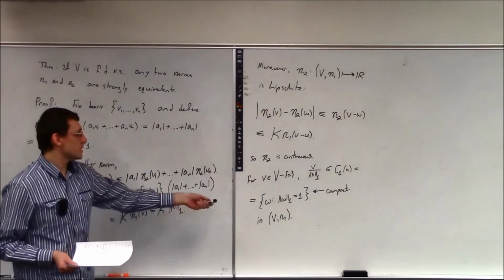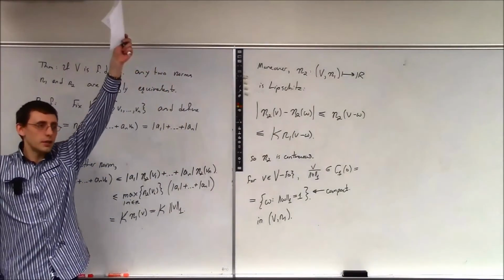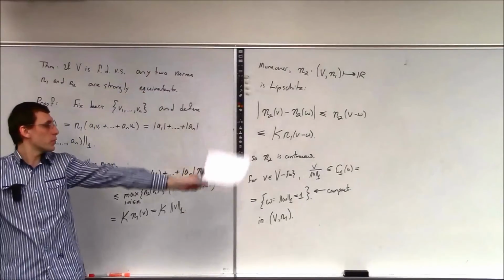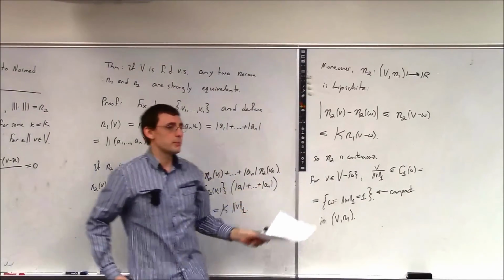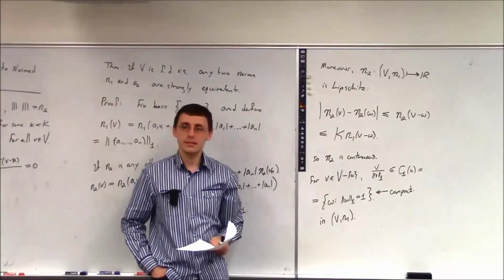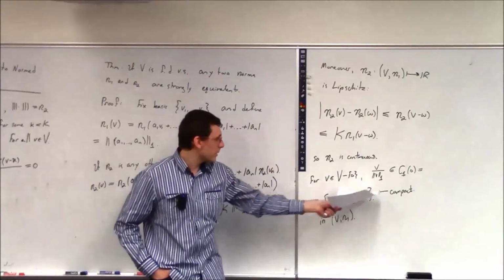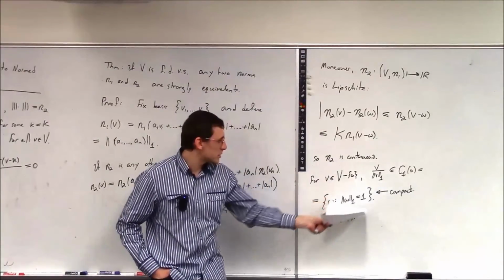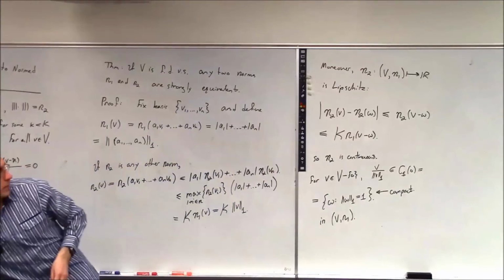Take the coordinate vectors, and their distance in the one norm is going to be 2. And this would be homeomorphic to the discrete space. So if it's infinite dimensional, it's not compact. One thing that I'm not going to say more about is to verify that this is compact.